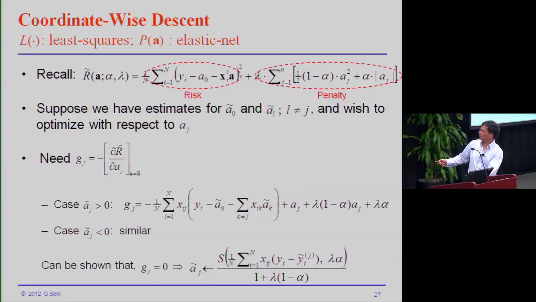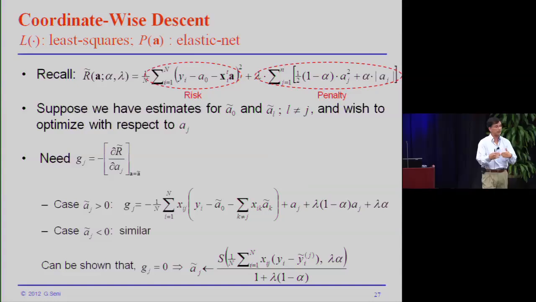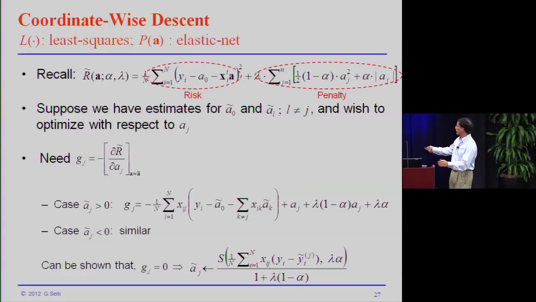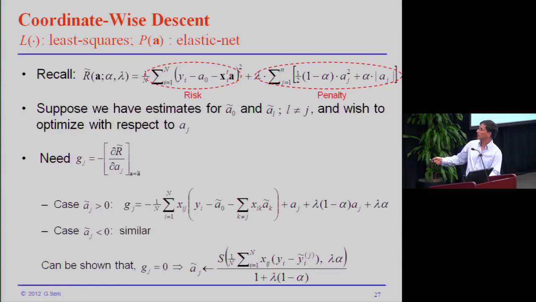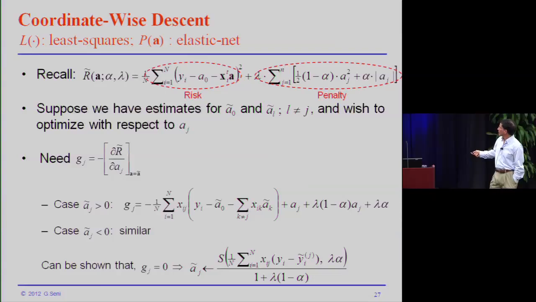And then this expression minus this. This S here is what is called the soft thresholding operator, which simply allows us to put the negative side and the positive side in the same expression. When this argument is greater than 0, the soft thresholding operator returns this minus this, which is what I was walking us through. So this is the minimum along that coordinate.